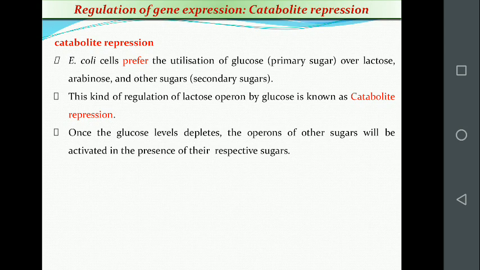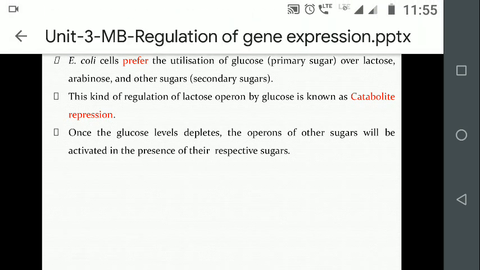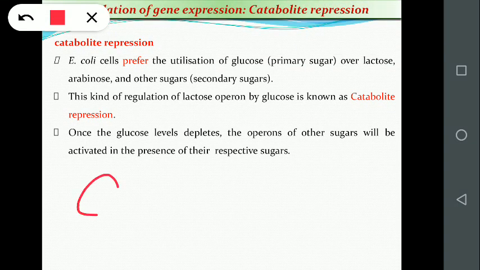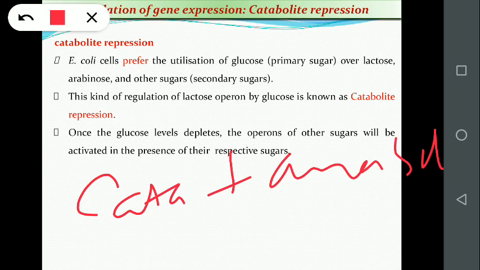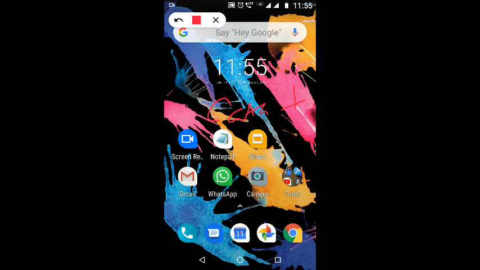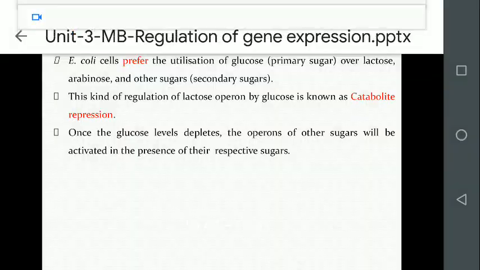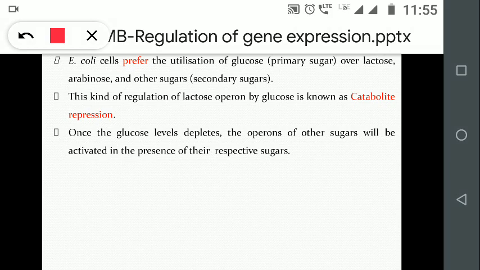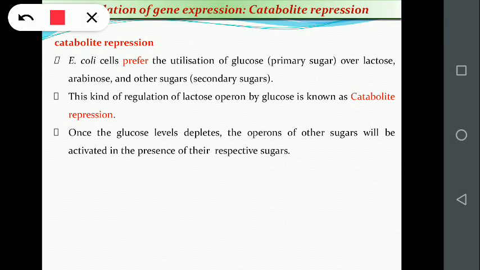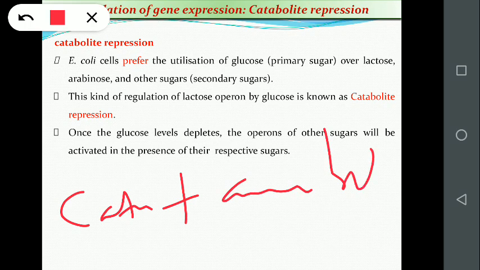In metabolism we have two processes. Metabolism is defined as catabolism plus anabolism. Catabolism means breaking down and anabolism means synthesis, biosynthesis.